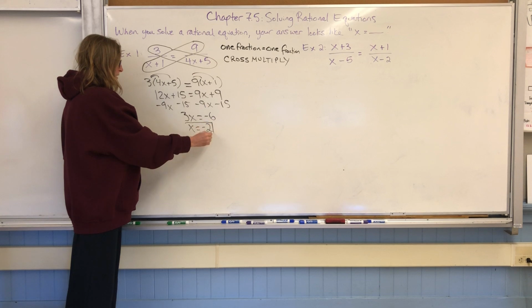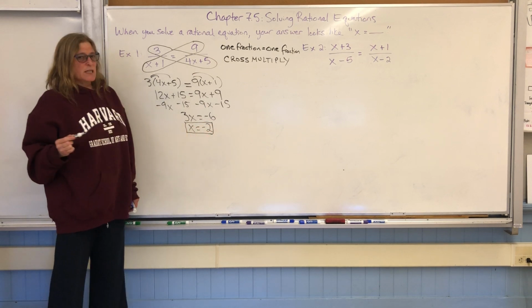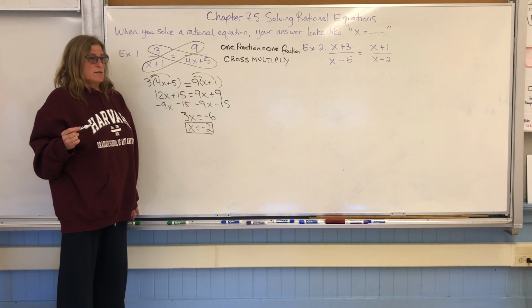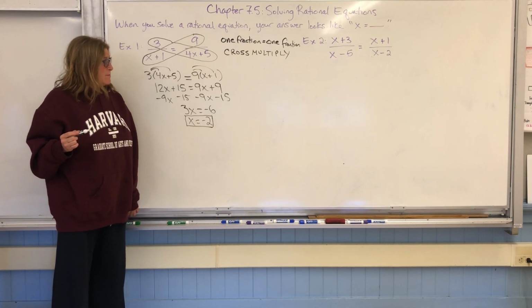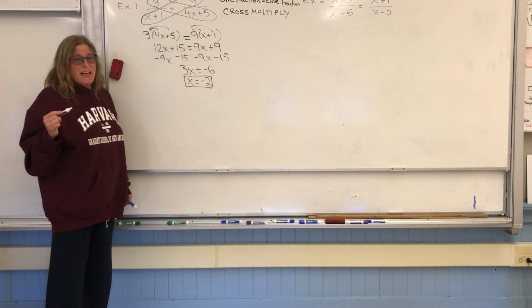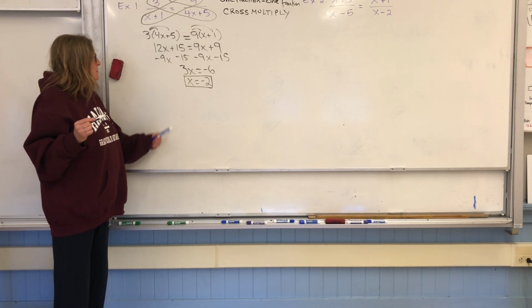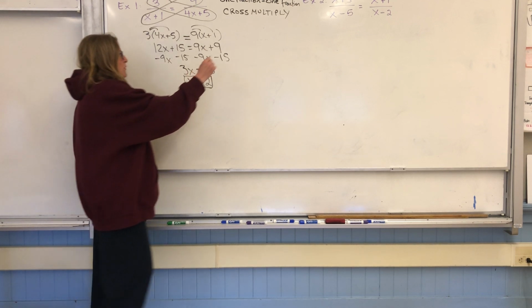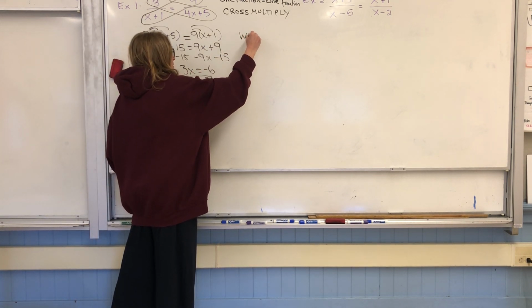Now here's the thing, right? Remember when we were doing rational functions, guys? I mean, not rational functions, square roots? We always needed to make sure, and when we were also graphing rational functions, we always had to check the solution to make sure there is no 0 in the denominator. So we must check solutions.